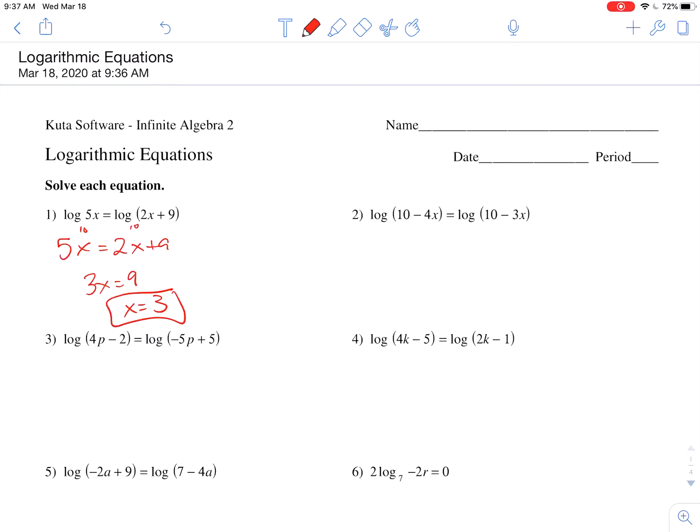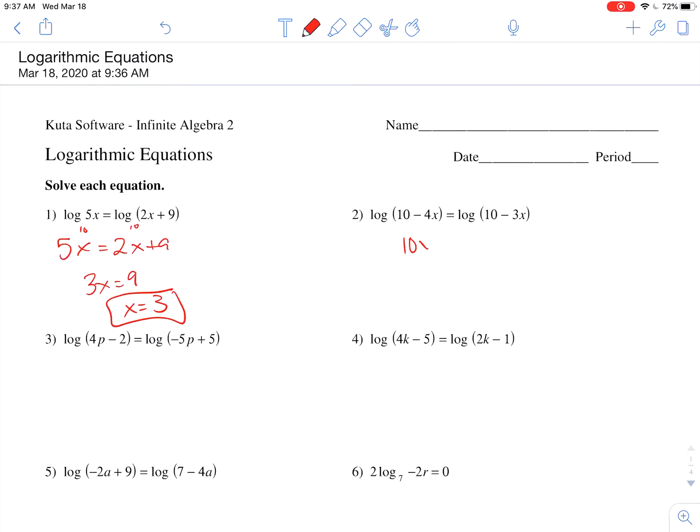So why don't you guys try 2 through 5, pause the video, and then check back here in a second, see how it went. All right, now I've got the same base again.